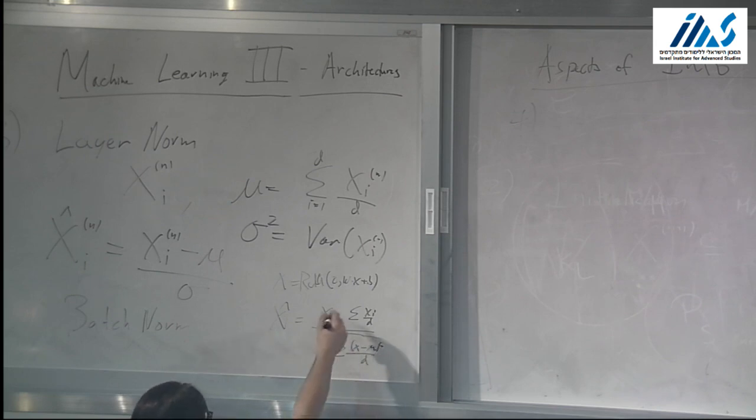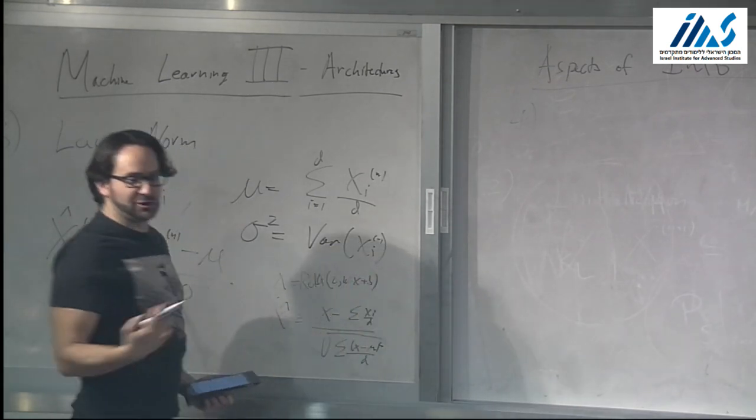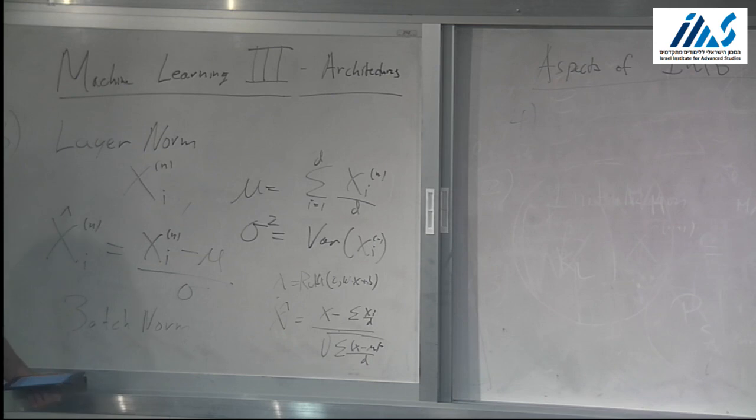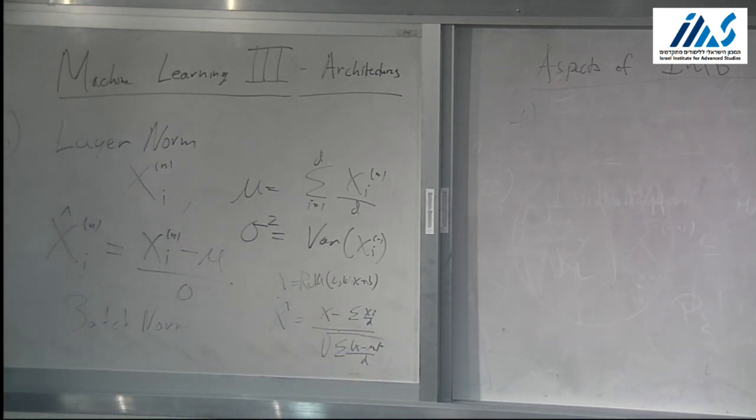You compute all of these things, and this whole x hat, which is the composition of this and this, is your output that goes to the next layer. So you have to compute this every time, but don't worry, it doesn't actually create much of an inefficiency.